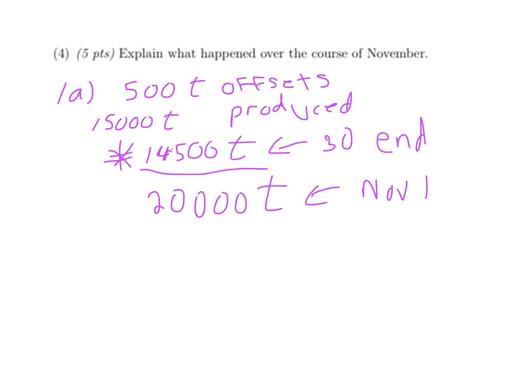And I think that's what they're looking for you to say there for number 4, sorry, is that you've got a smaller gap by the end of the month than you did at the beginning of the month, which means you're closing that gap throughout the month.